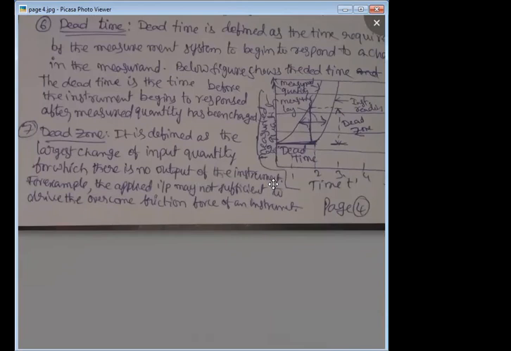How much you increase the input before the instrument responds, that maximum change can be considered the dead zone.